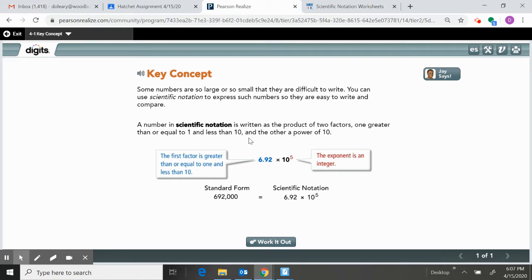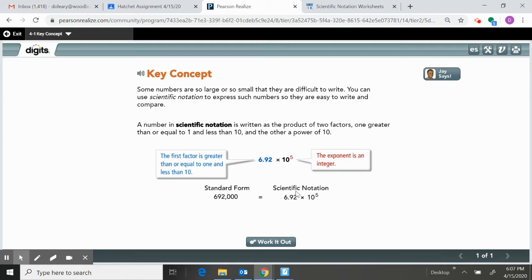Now, here are the rules for something in scientific notation. I'll let you know that this number down here, 6.92 times 10 to the fifth power, is written in scientific notation, just as it says down here. If you look diagonally, it says scientific notation. That's the same exact thing.